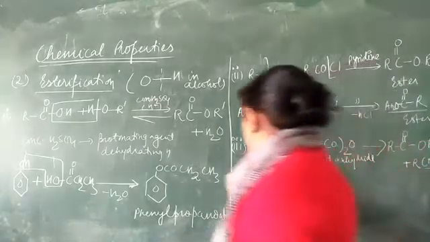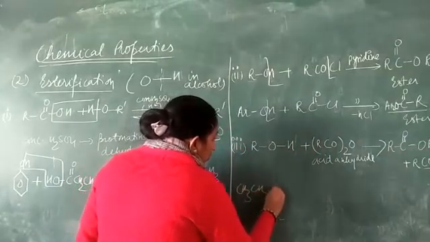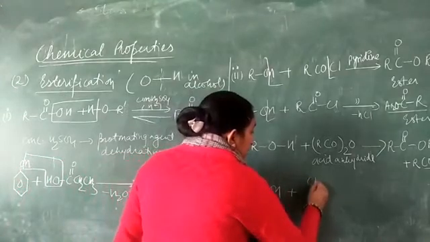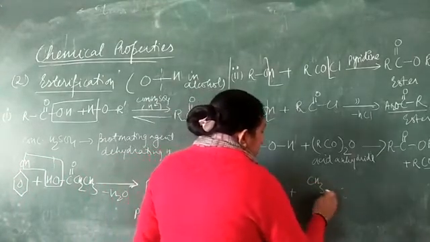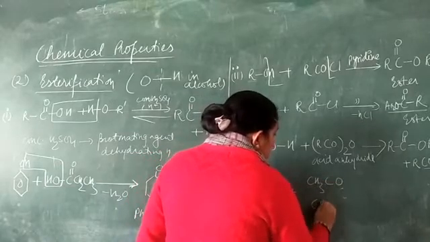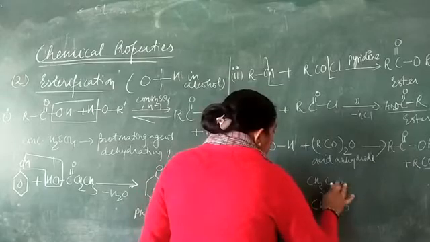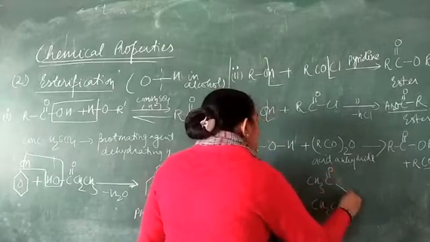Let's take an example here. If we have taken CH3CH2OH plus acetic anhydride, (CH3CO)2O. For convenience, let me write it in this way.